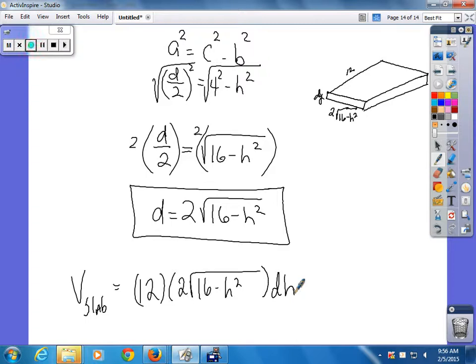Now you've got the volume. Now what are you going to do? You've got to find the force. Force times distance equals work.